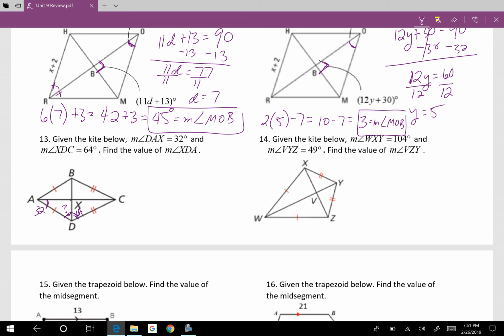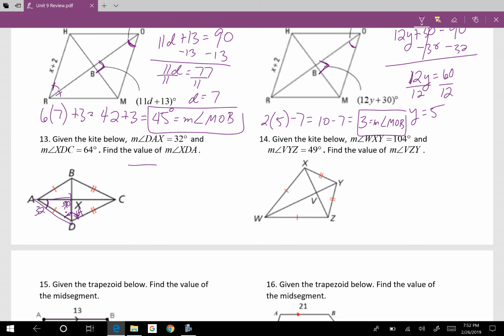Okay. Now, it's not 64 because on a kite, this diagonal up here is not bisecting this angle. It's not the same. So we just got to know this one here. And really, this 64, we don't need it because we're going to concentrate on this triangle up here. Because we know that this corner right there is 90.